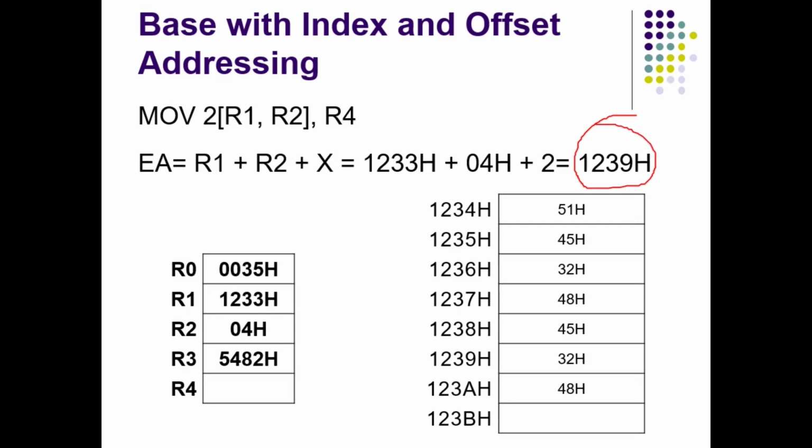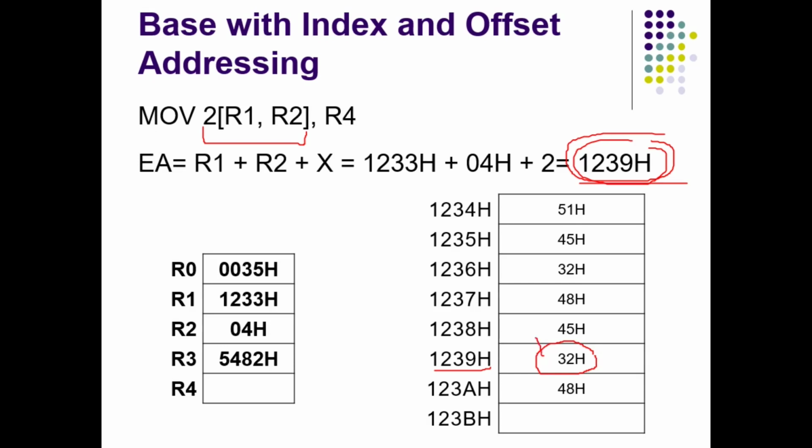So whenever we write an instruction like this, the processor finds out the effective address and thinks that the source operand effective address is nothing but 1239H. So what happens when this instruction executes? The processor finds out 1239H as the effective address and sends that 1239 address to the memory. Memory fetches the data at that 1239 address and sends it to the processor.